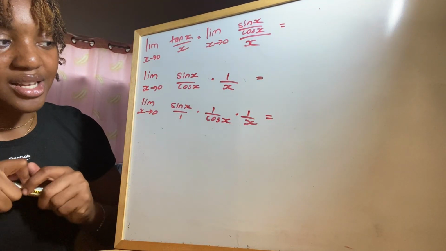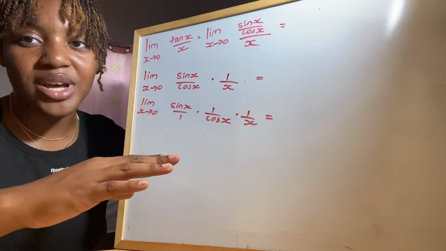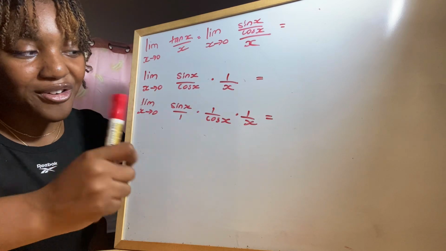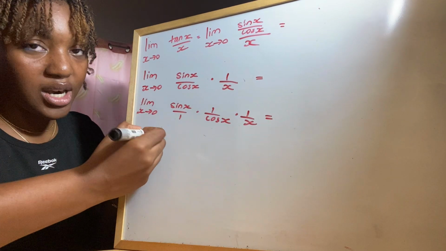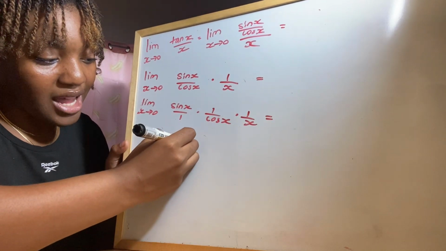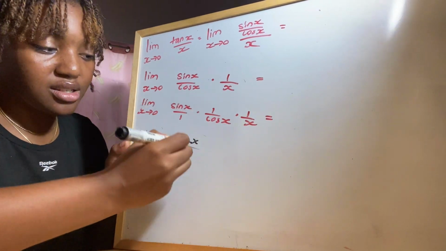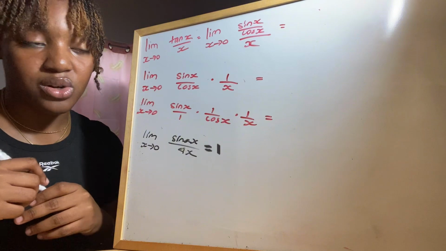So for this, we want to use the special cases. Basically, we're trying to find a way to use the special cases. So we'll have the sine x. This kind of resembles the special case where, let me just write it down, the limit as x approaches 0 for sine ax over ax, where a is not equal to 0.